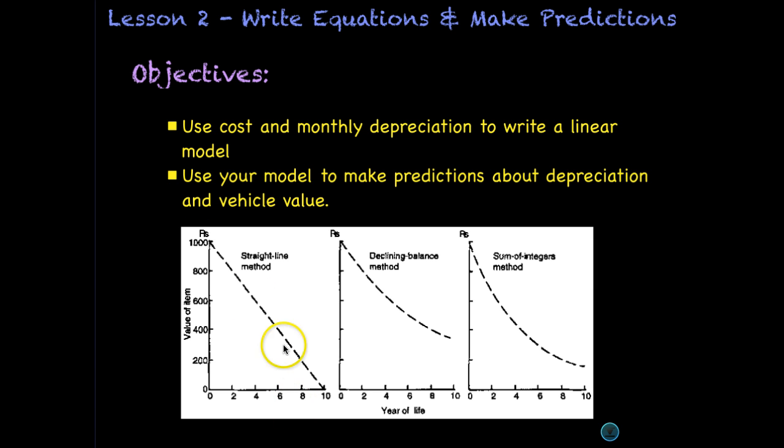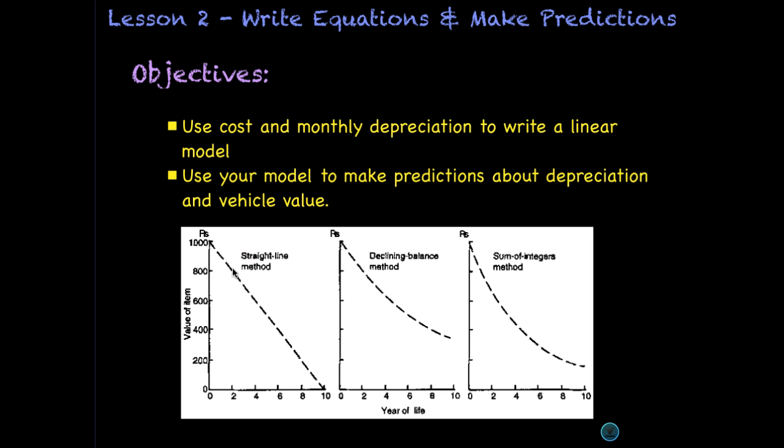So let's look back at these graphs that we saw last time. We're looking at the straight line method. You'll notice that if we look at this graph, at year 0, we have a complete value of this item of $1,000. So we start at the purchase price. And then after 2 years, if we follow this up, you can see that the item is now worth $800.